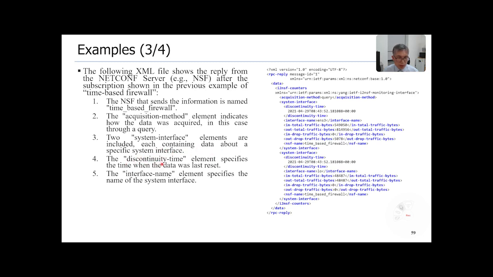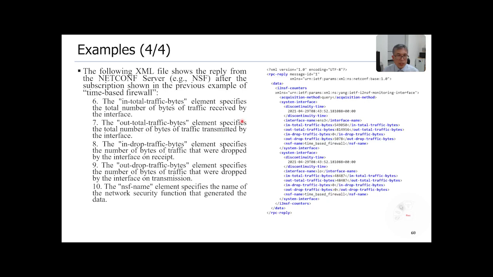The continuous time element specifies when the data was last reset. The interface name element specifies the name of a system interface. The traffic byte, drop byte, and NSF name specify the name of the network security function that generated the data. So this one shows the NSF, especially the time-based firewall.